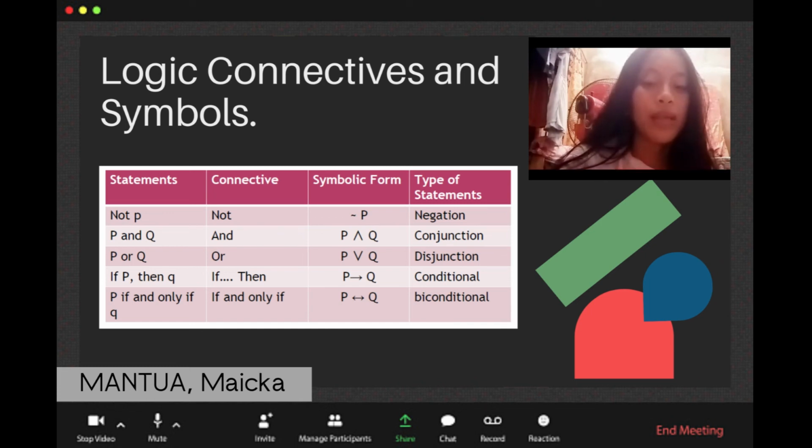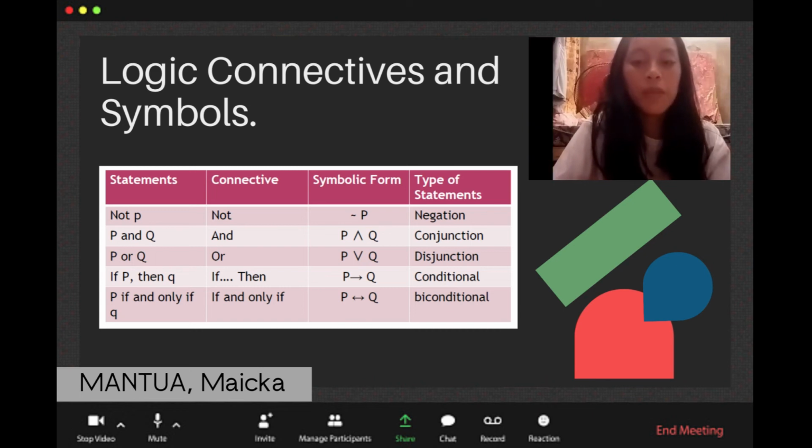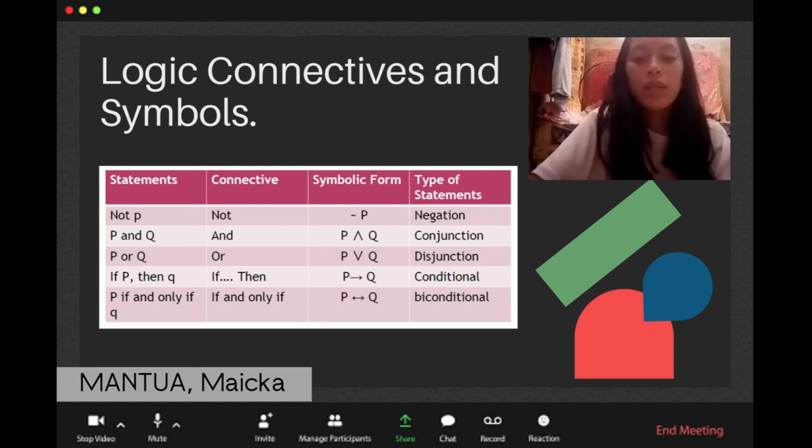If P then Q, connective: if-then, symbolic form: P conditional Q, type of statement: conditional. P if and only if Q, connective: if and only if, symbolic form: P biconditional Q, type of statement: biconditional.